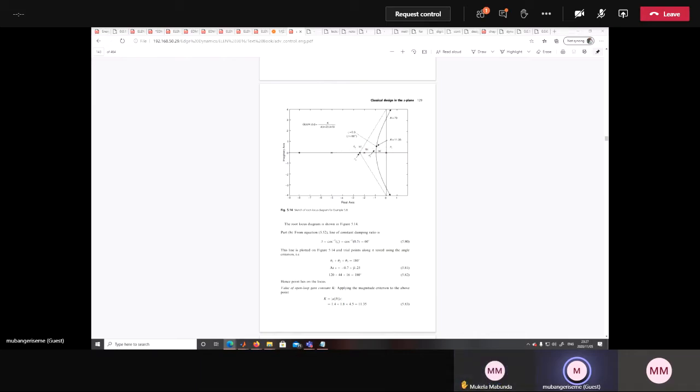The angle criterion. Yeah, so you see, for S1 to lie on the locus, where's phi 1? Where's the point that I've got? They must all sum up to 180.